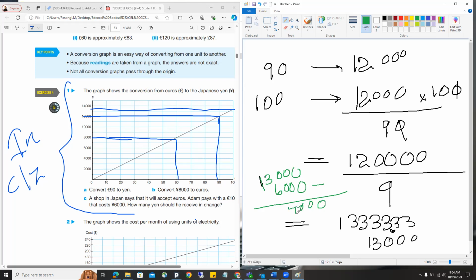It will be 7,000. So 7,000 yen is approximately how much? It is like 55 euros. Is it clear for you?